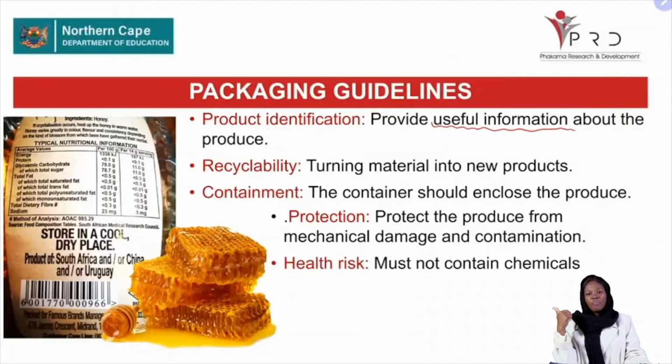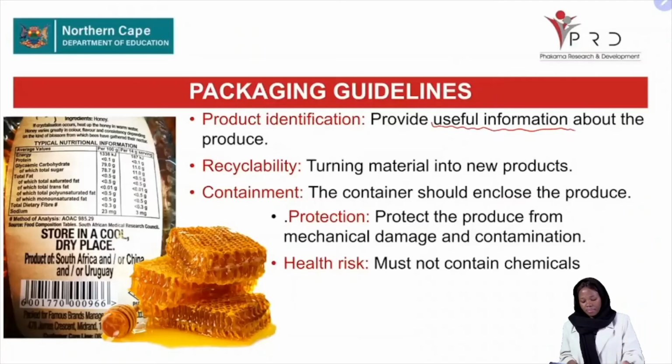The company's name has to appear on the package. Secondly, the country where the product was produced, the date on which it was produced or packed, the expiry date when it will expire, the nutritional information. So all this information has to appear on the package when you are packaging the product, when you are keeping and preserving, or when you are grading the product.